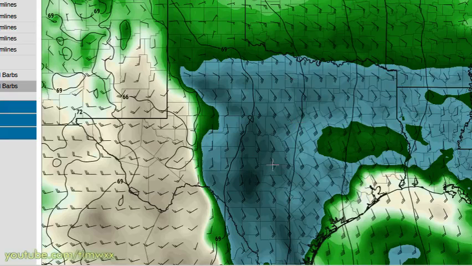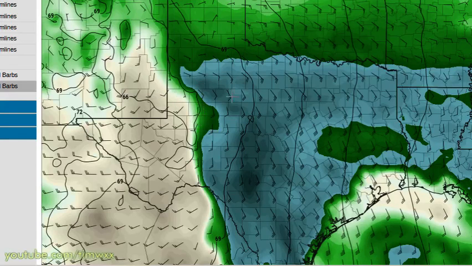Anyway, we can see the moisture axis basically runs from about San Antonio up through the San Angelo area up to maybe just west of Abilene, and maybe a secondary pool in the Fort Worth area here. So this is giving me an idea of moisture quality just above the surface, at about 2,000 to 3,000 feet.